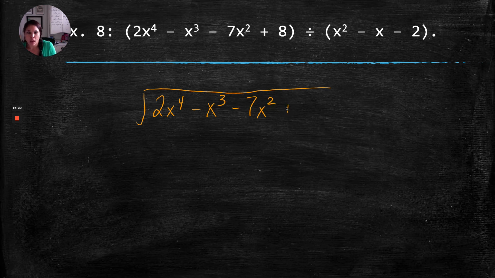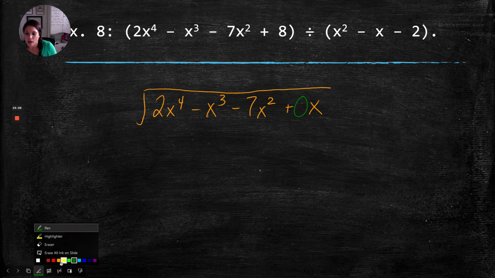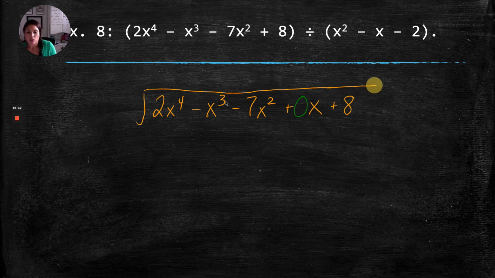I don't have a regular x. I'm going to fill in a 0. And then plus 8 divided by x squared minus x minus 2. The only thing that's different here is that my divisor is a trinomial.